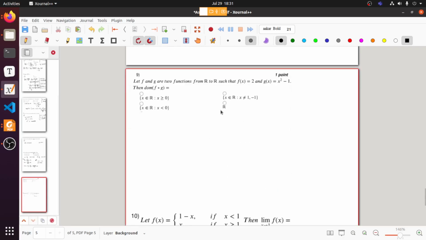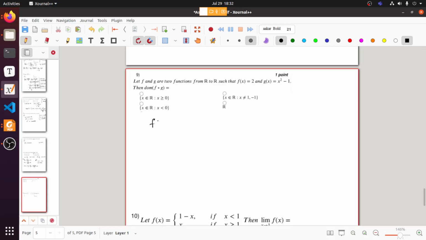Question number 9. What it's saying? Let f and g be two functions from R to R. And f of x is 2, this is a constant function 2, and g of x is x square minus 1. So you have to find the domain of f compose g.